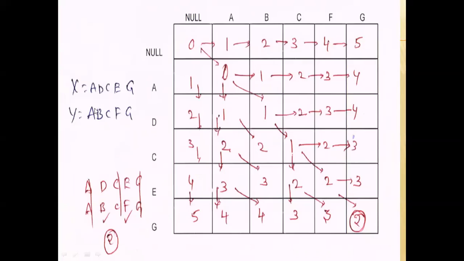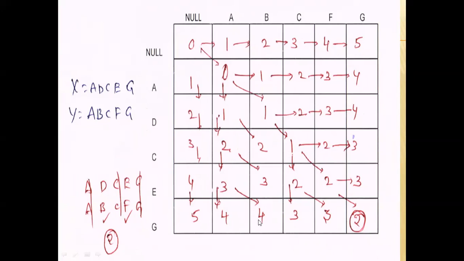Next one, same ABCD: ADCFG is converted into ABC FG. The total number of operations is 2. Suppose first G is not equal to C, consider the minimum value 3. That is an inserting operation, 4.